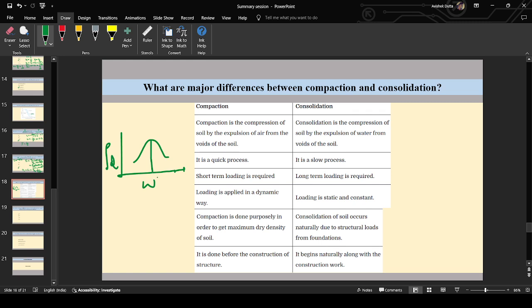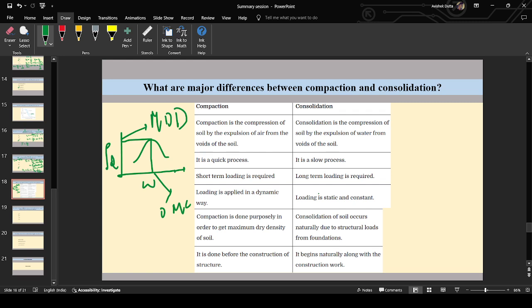This part is the OMC, optimum moisture content, and this part is the maximum dry density. The soil needs to be compacted to maximum dry density before the construction of a structure, and hence the maximum dry density is obtained purposely by compaction.